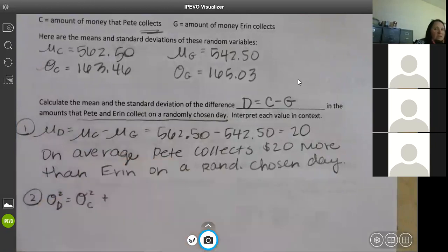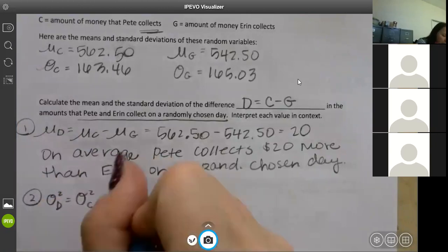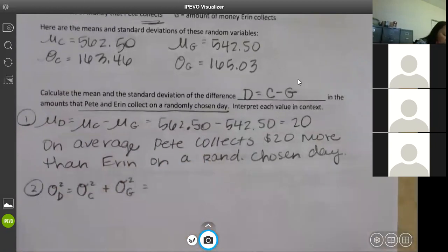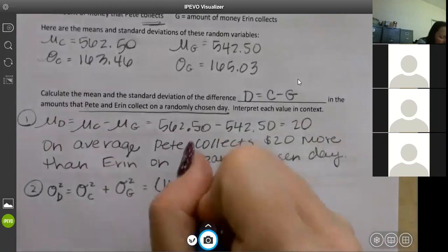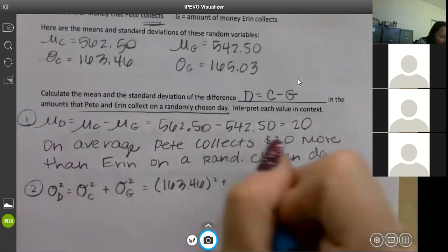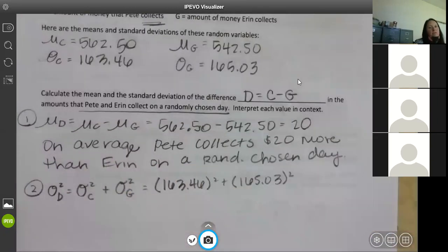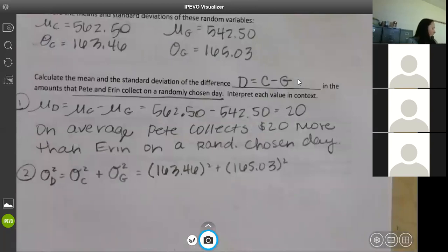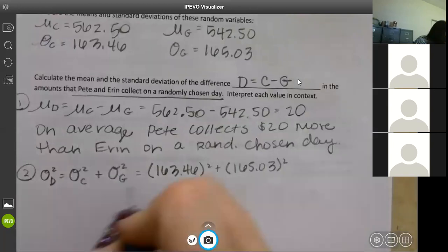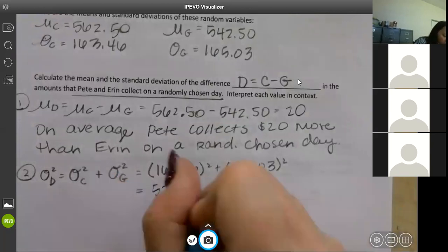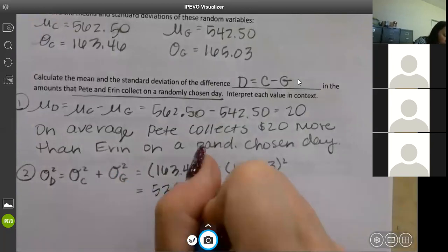Add: the variance of C plus the variance of G. So we have to square our standard deviations and add them. 163.46 squared and 165.03 squared gives us a big number, 53954.07.